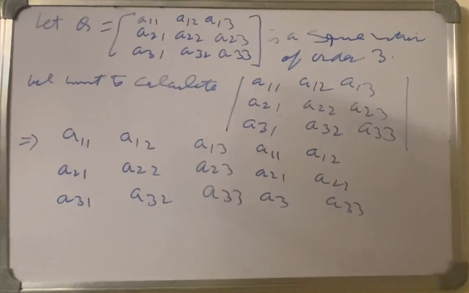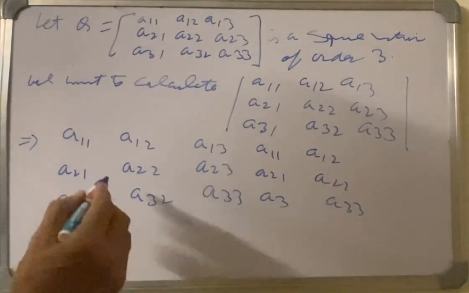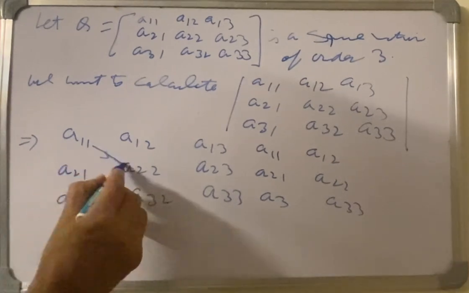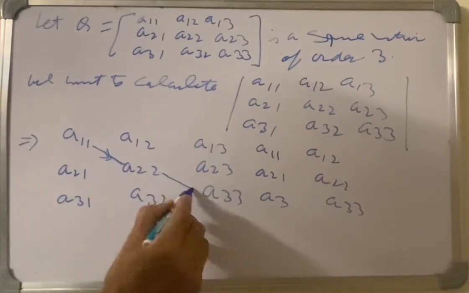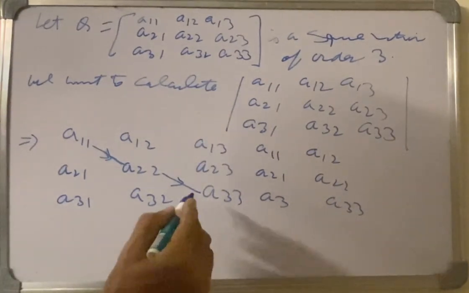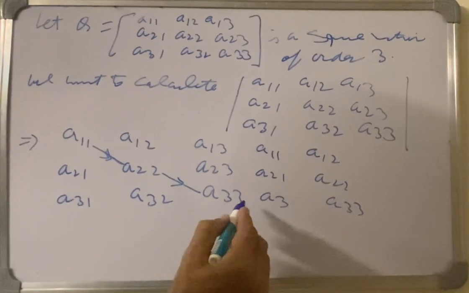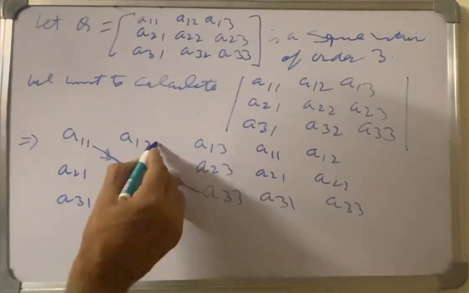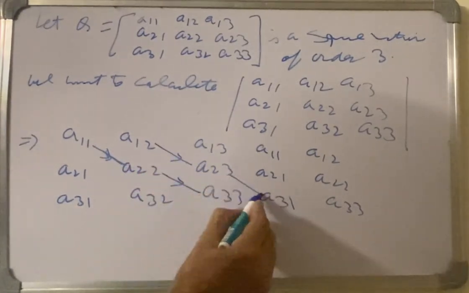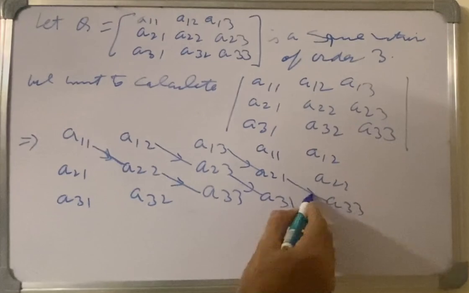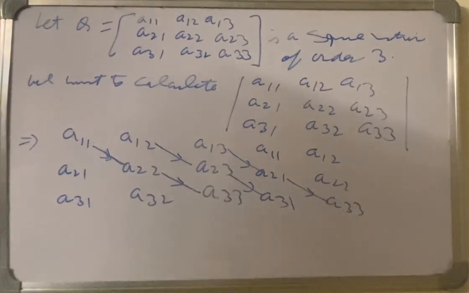Then first of all, we draw broken lines parallel to diagonal. This is a diagonal. This is a broken line, and another broken line parallel to diagonal is this one. Another is this one. So these lines are parallel to this diagonal.